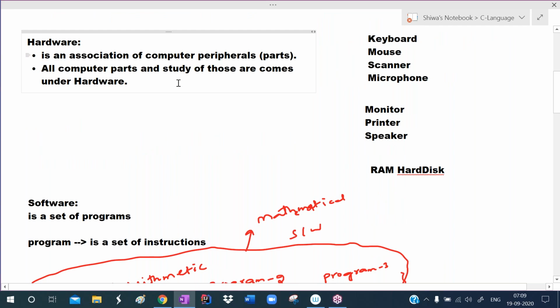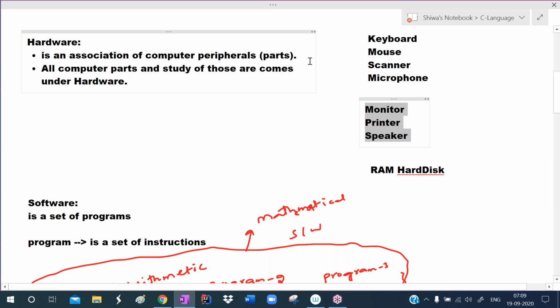Hardware means all computer parts, and the study of those parts comes under hardware. Several computer parts are there, like keyboard, mouse, scanner, microphone. These are the input devices. Output devices are there, like monitor, printer, speaker. Storage devices are there, like hard disk, RAM.